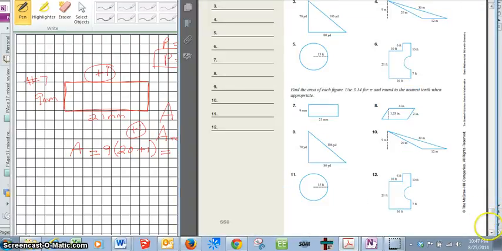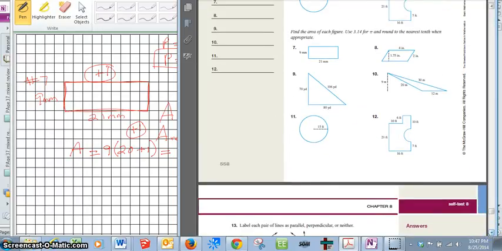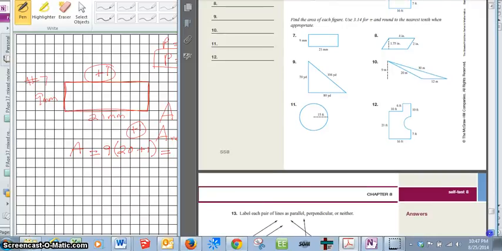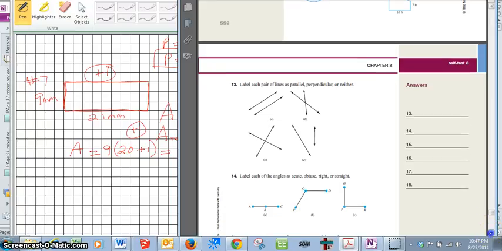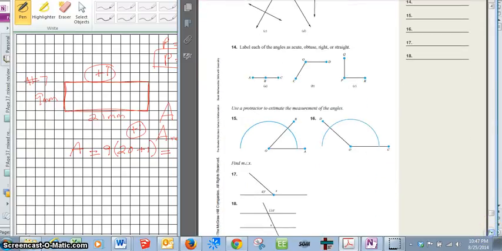Let's see what else you're asked to do. You're going to be asked for the area of a circle. Maybe you have to look up that area formula. You're going to be asked to tell whether these lines are parallel, perpendicular, or neither. You may have to look those up. In number 13, you may have to review obtuse, right, or straight.